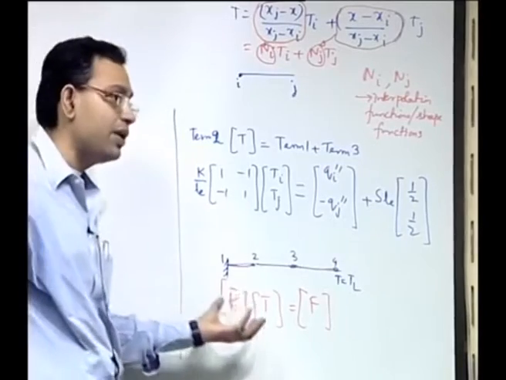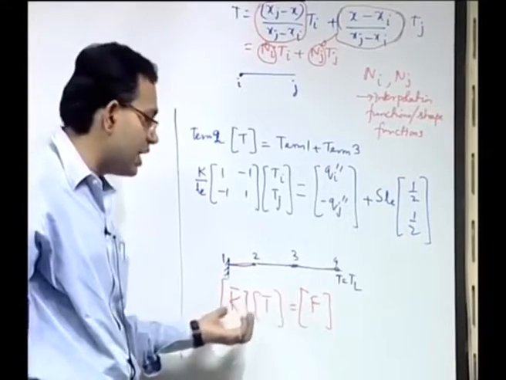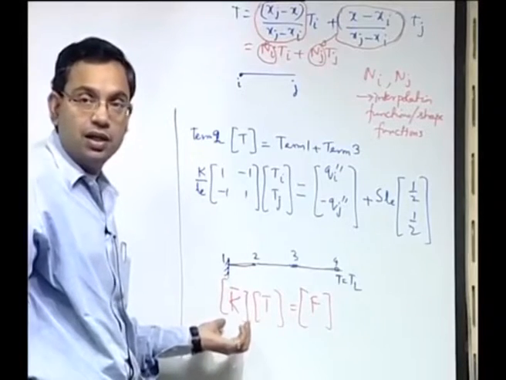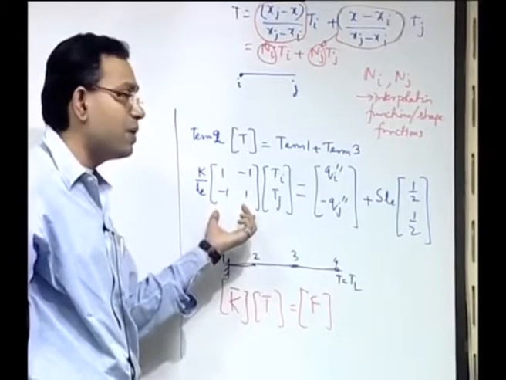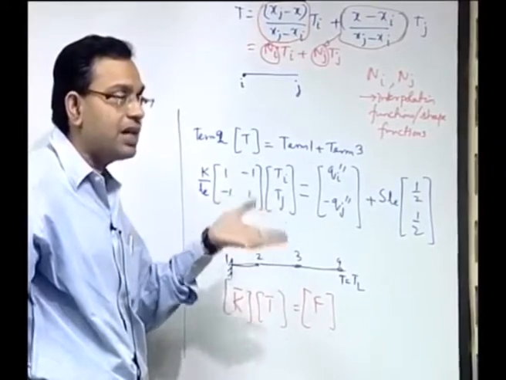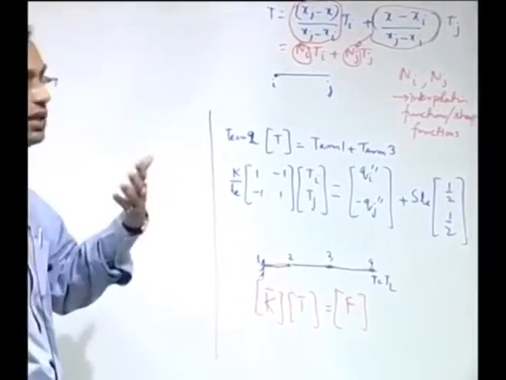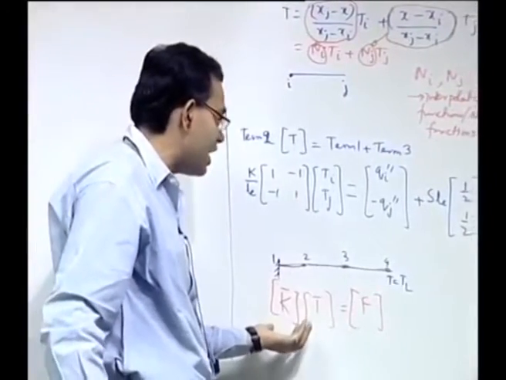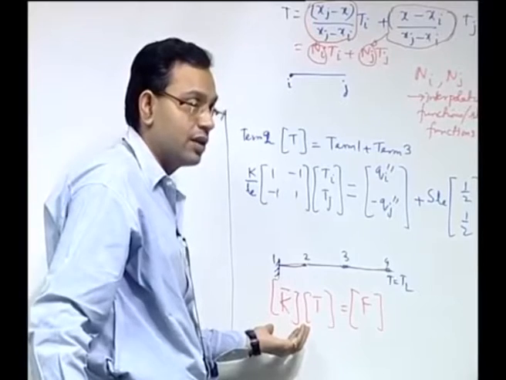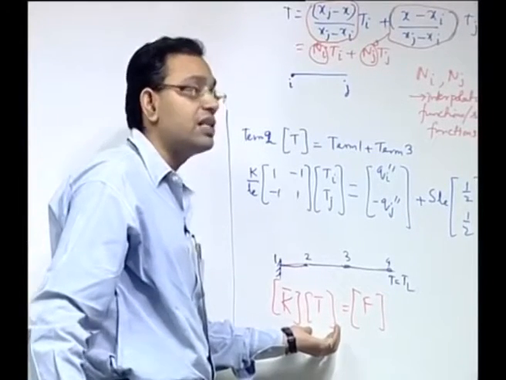Just like a linear spring mass system, you have Kx equal to F, where K is the stiffness of the spring. Here similarly this is playing an artificial role of a stiffness, as if you are abstracting the physics from the mathematics. Because of the mathematical analogy, this appears to be like a stiffness of the system, and T is as if the displacement.